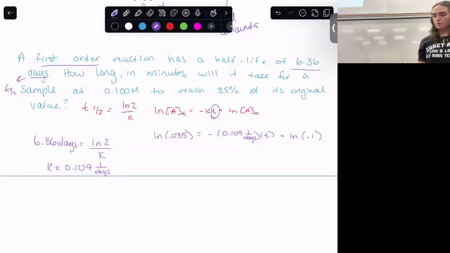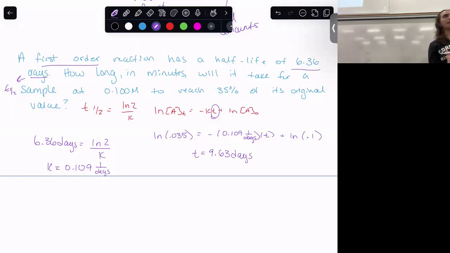So then you can solve for t. I got t is equal to 9.63 days.